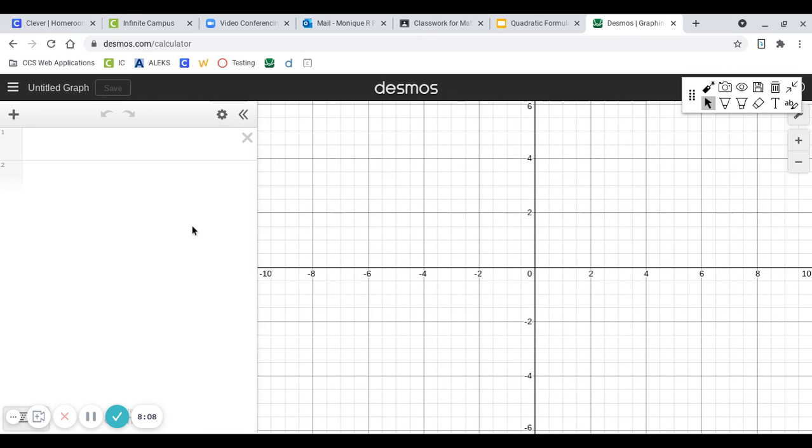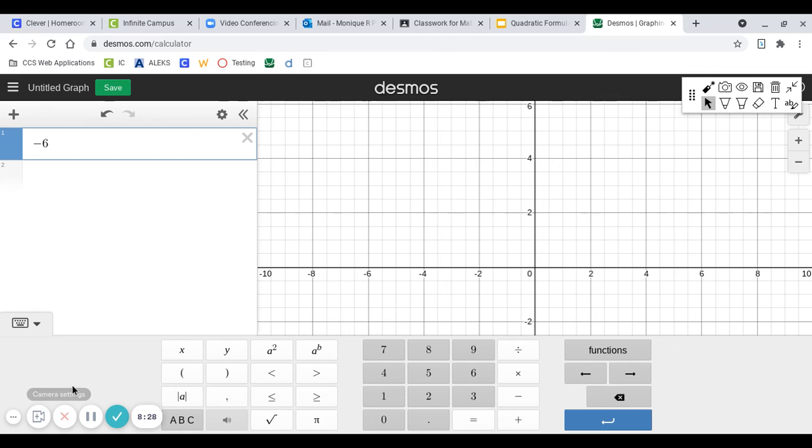Okay, so we have Desmos open. We are going to type in that equation to figure out the answer. So we're going to do negative 6, and we're going to hit the division sign on this, and then go back up to the 6, because everything is over the division sign.